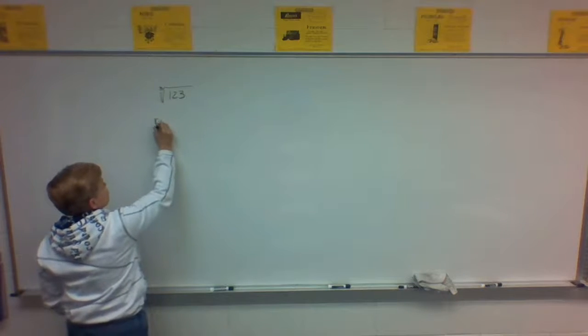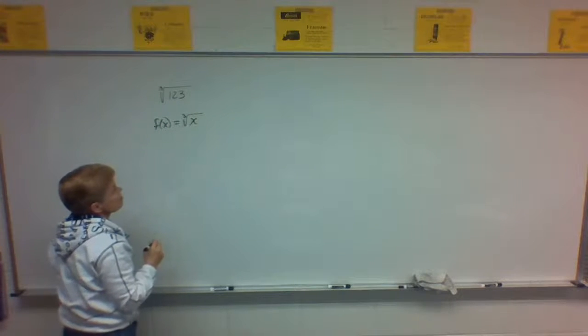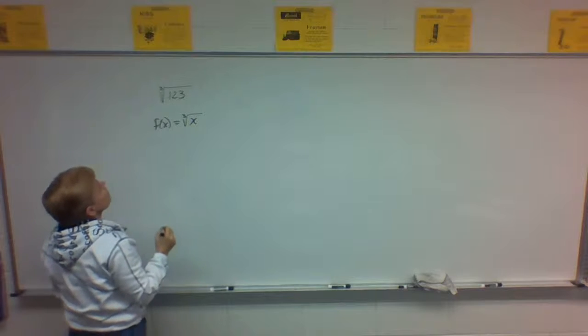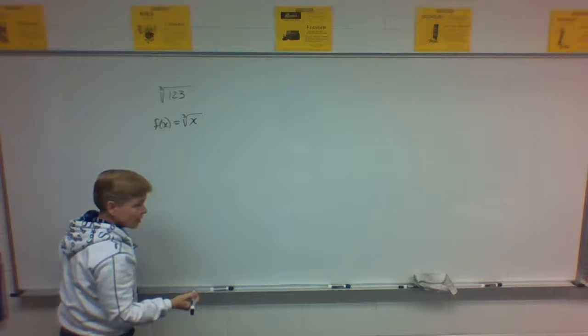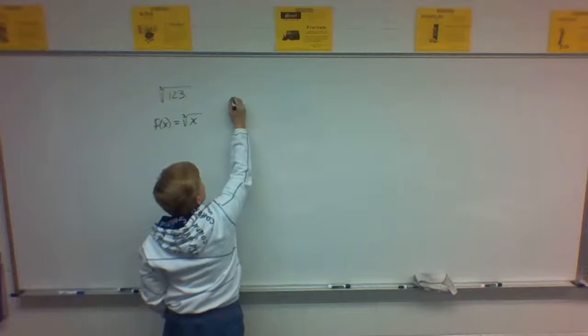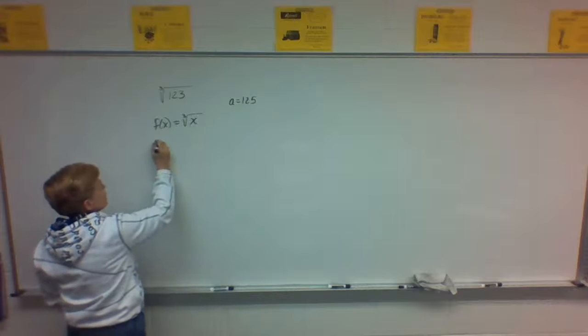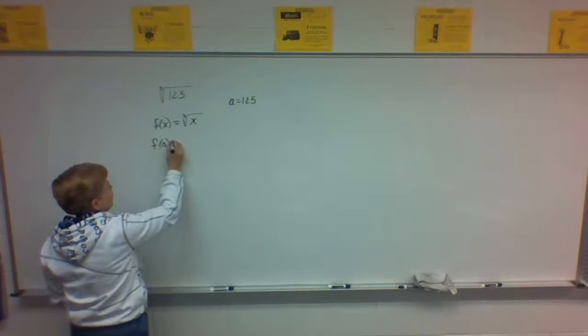Cube root of x. What's our center? 125. That's the perfect cube closest to that. So we'll say a equals 125. So what is f of a?